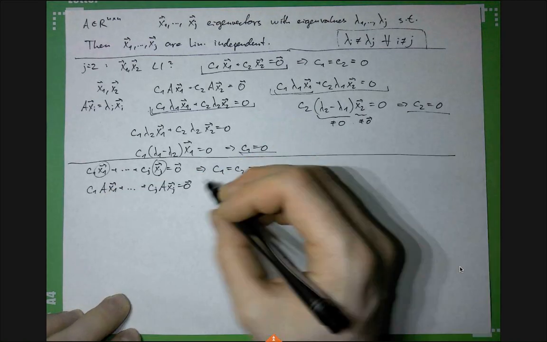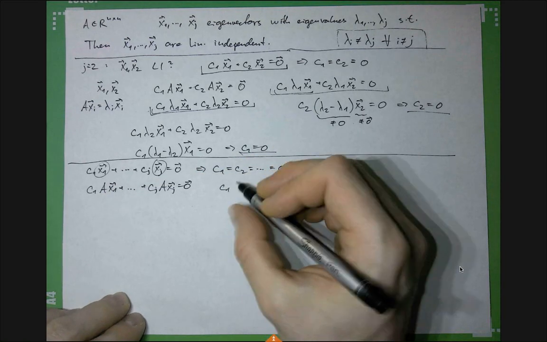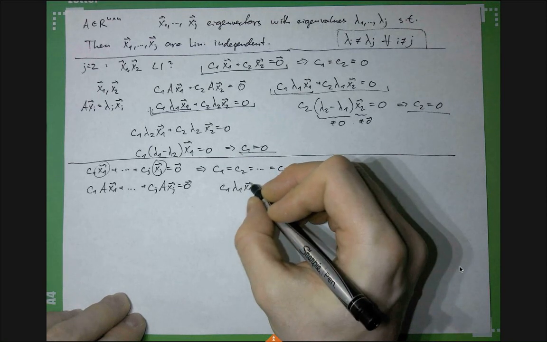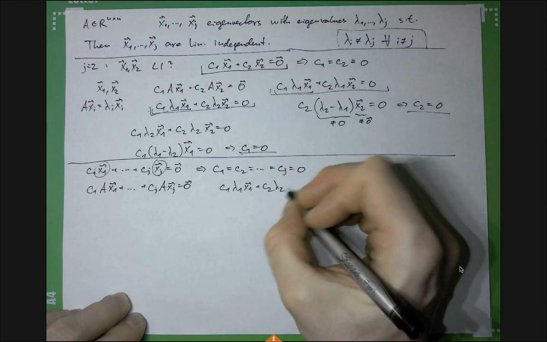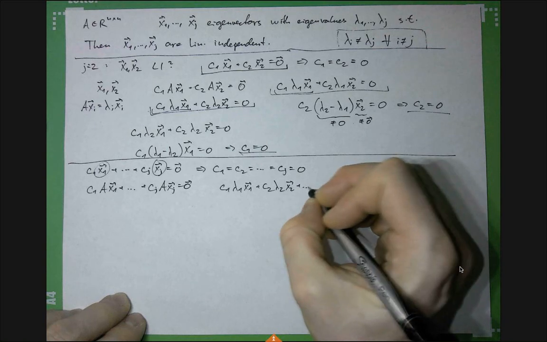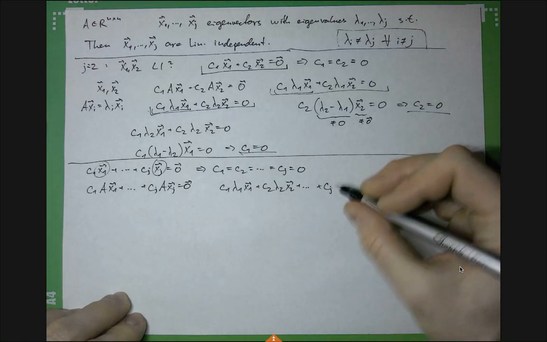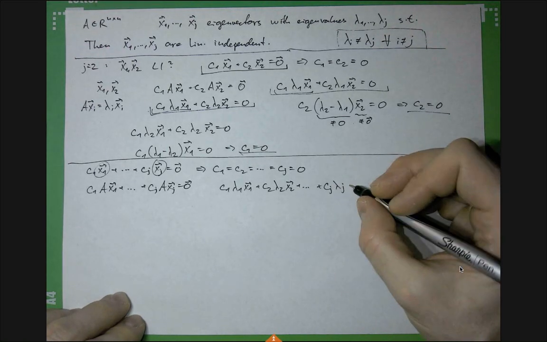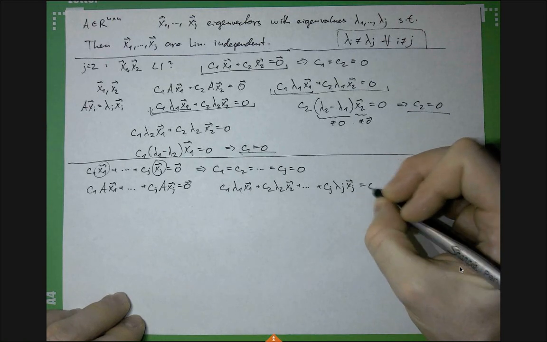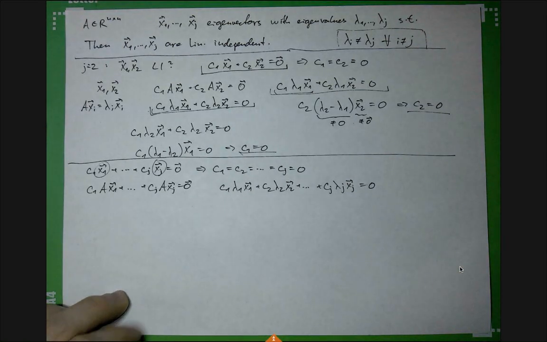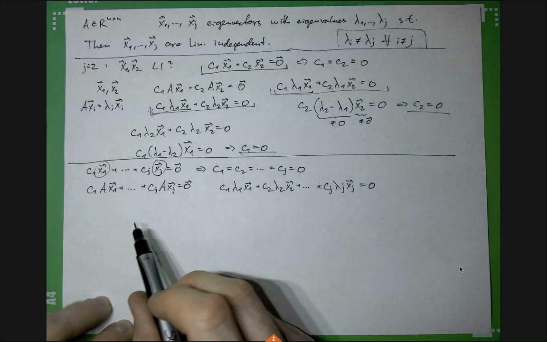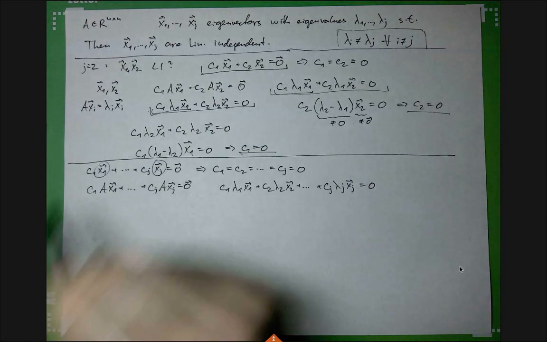So this obviously gives me C1 lambda 1 x1, then there is some C2 lambda 2 x2, and so on, up to Cj lambda j xj is 0. And I'm essentially applying the same tricks as before.